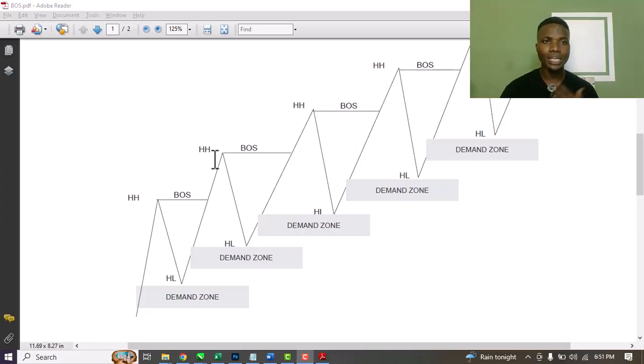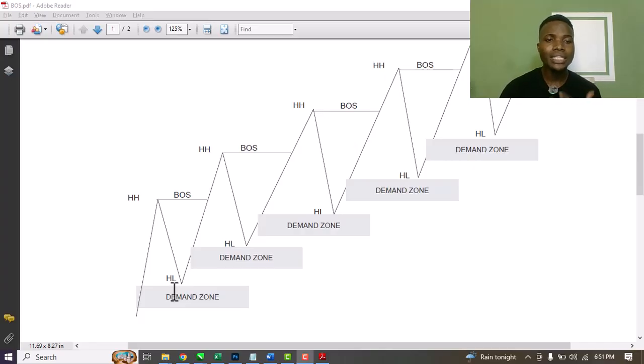So what we expect price to do is that price will reverse down a little bit, creating another higher low. When price creates a higher low, then price will push to the upside again. Now I don't want this to bore you. It's because I want you to understand how price simply moves.